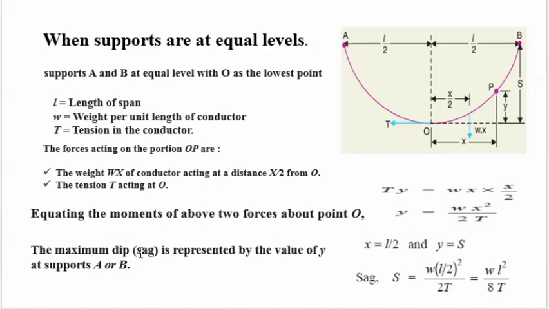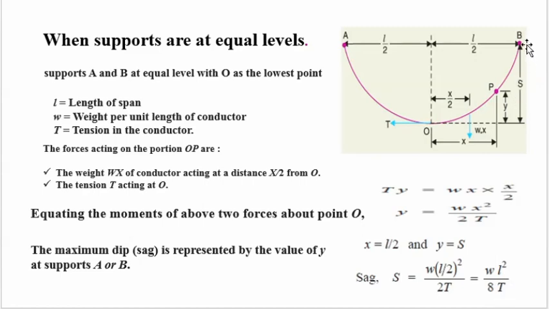The maximum depth or sag is represented by the value of Y at support A or B. So if we put X is equal to L over 2 and Y is equal to S, then we get the equation for sag, which is equal to W into L square divided by 8T.